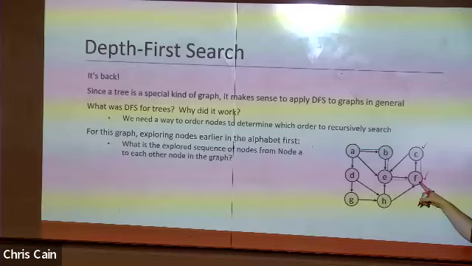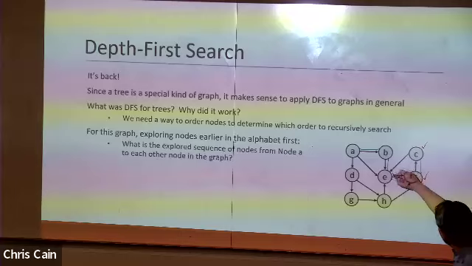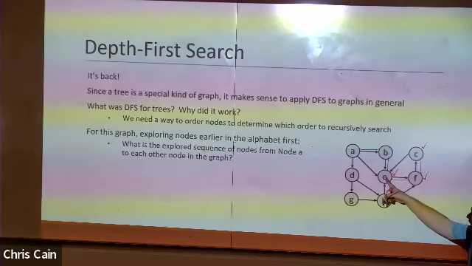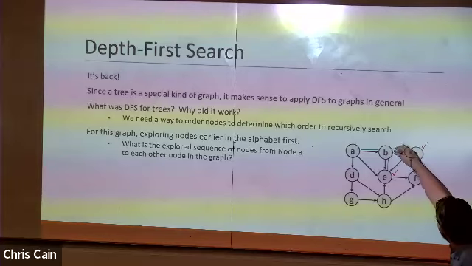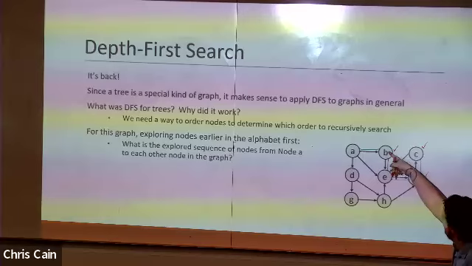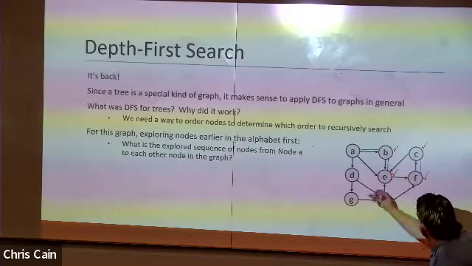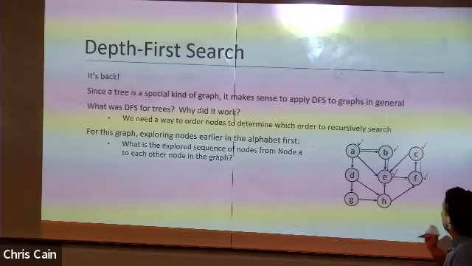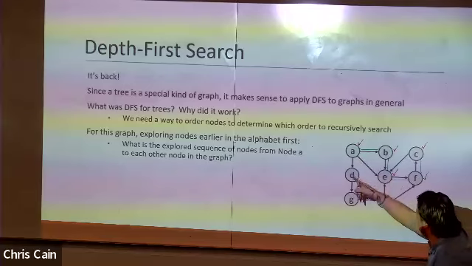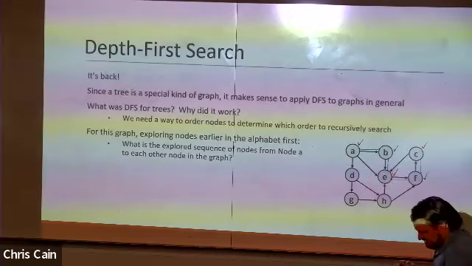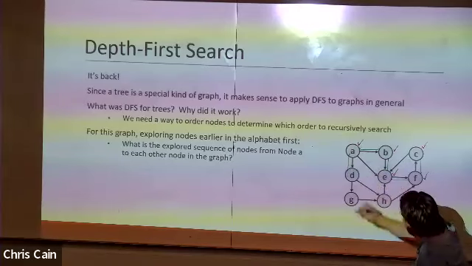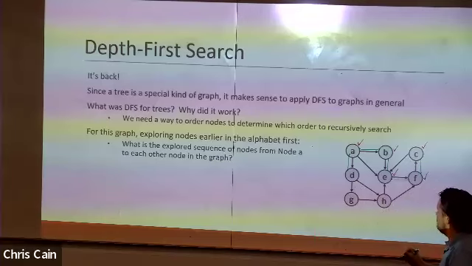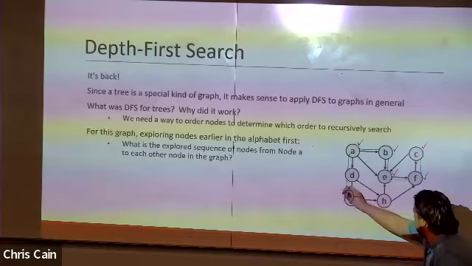There's no place for us to explore, so we're going to backtrack, and we're going to expand E. There's no place for us to go, so we're going to backtrack, and we're going to expand B. There's no place for us to go, so we're going to go back, and we're going to expand A. Now we're going to go to D. And then we need the other color again, we need to go to D. Now we have an option, G or H. Well, G comes before H, so we're just going to go that way.